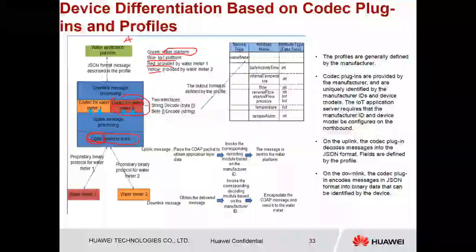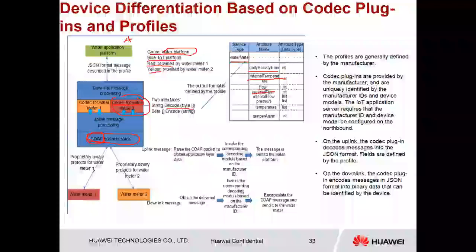Meter 1 has many parameters like water meter, daily activity time, internal temperature, flow, and reverse flow. The parameters for this water meter are decoded, and then our IoT platform can recognize them. After it's decoded, it will be sent to the water application platform.